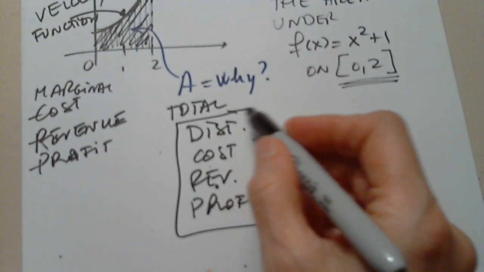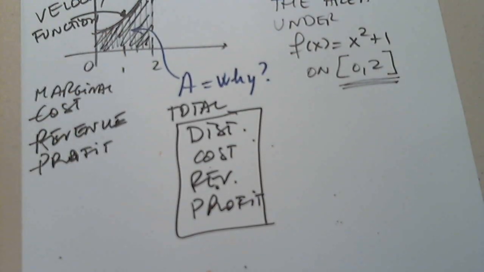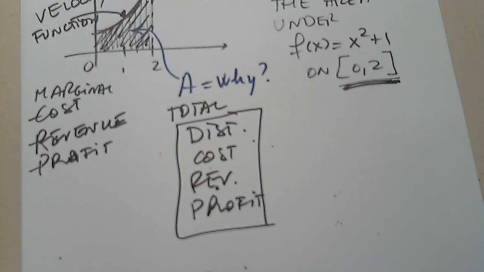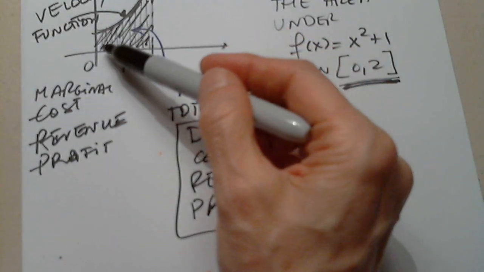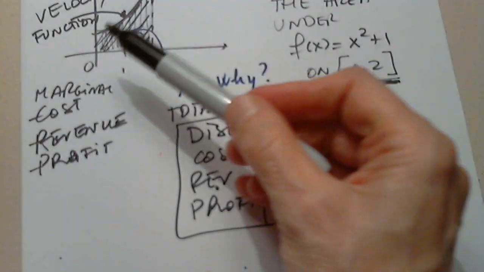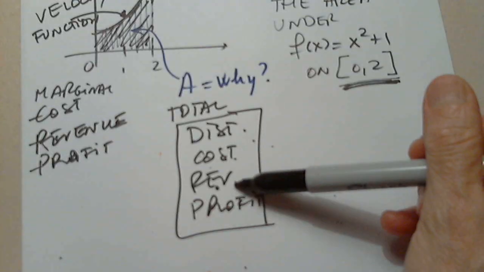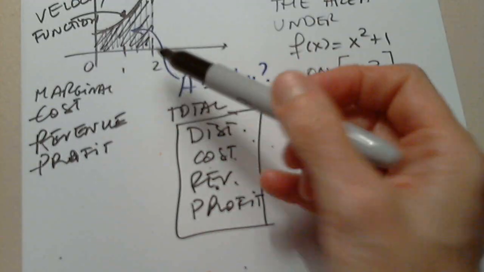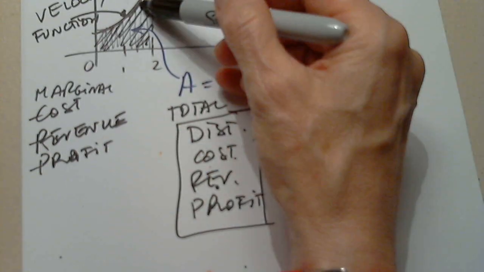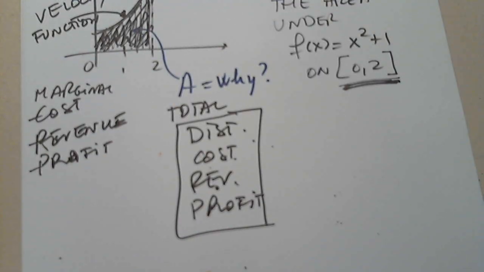So depending on what the function represents, finding the area under the graph between whatever limits we have will give us the total distance covered between 0 and 2, or the total cost producing between 0 and 2,000 or 2 million units, or the total revenue between 0 and 2 million units, or the total profit between whatever. That is the scope or the reason why we want to determine the area.